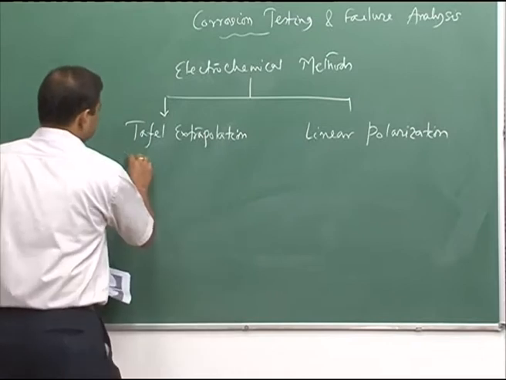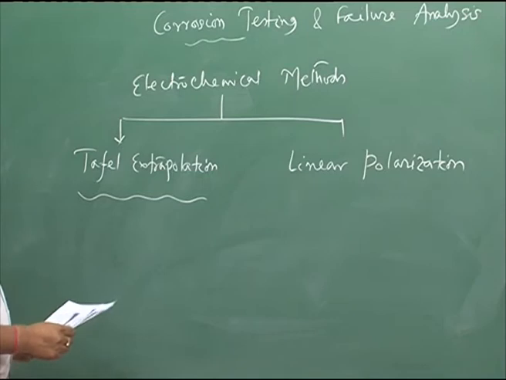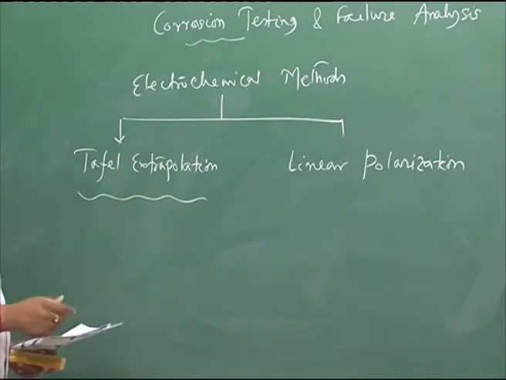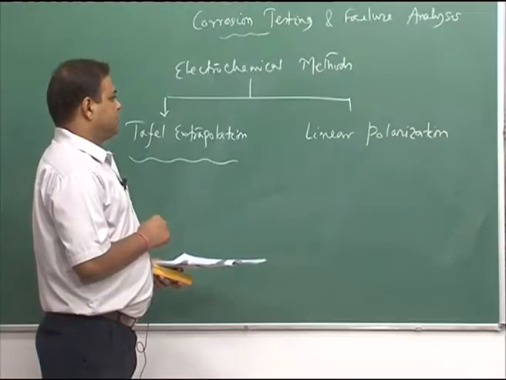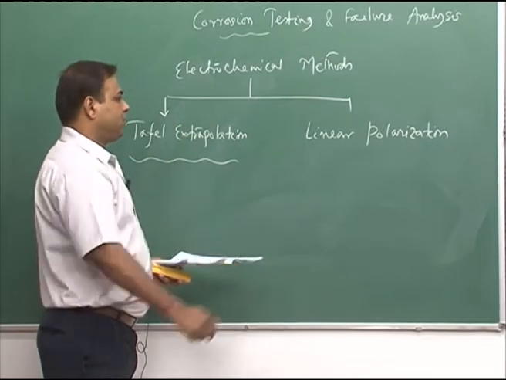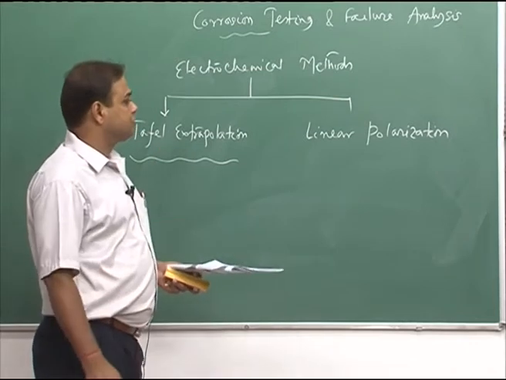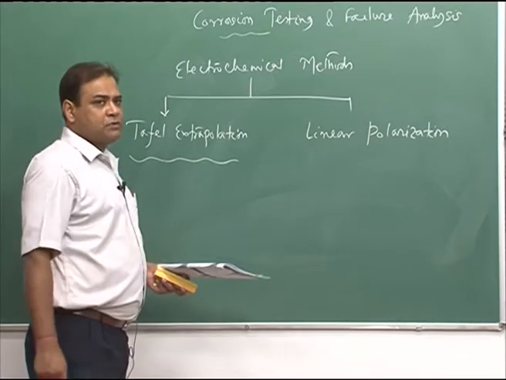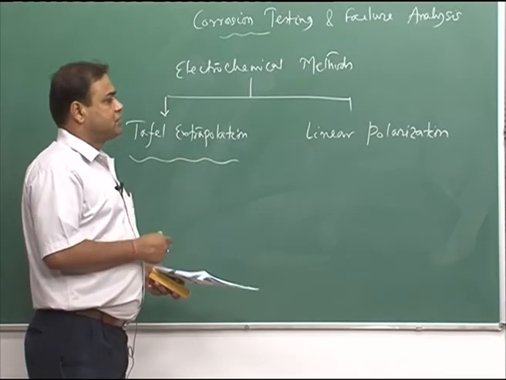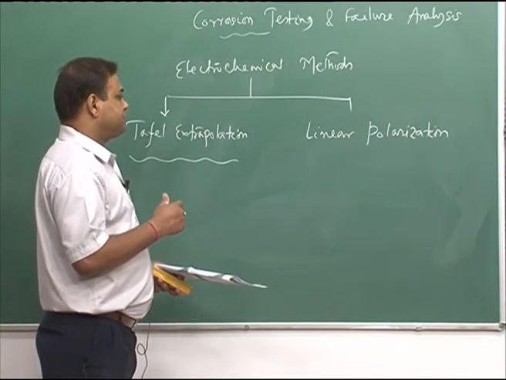Now, coming to Tafel extrapolation, in this method we need to polarize the sample in a particular solution or environment to the positive side as well as the negative side from the free corrosion potential, and then we draw the Tafel slopes, and where those Tafel slopes meet, that point would be the point of interest.